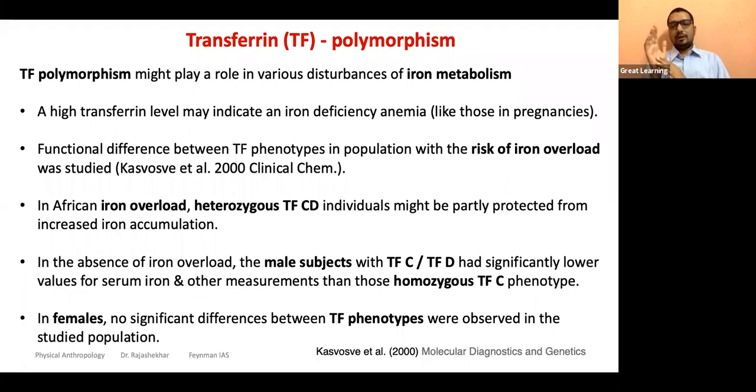Too much saturation of iron is also a problem. How iron is present in the blood, you cannot directly say, right? So indirectly, they would check the levels of transferrin. If there is more free form of transferrin, it means there is less iron, not much iron that can bind to transferrin. So transferrin levels can be used to study iron deficiency anemia, or the cause of anemia.